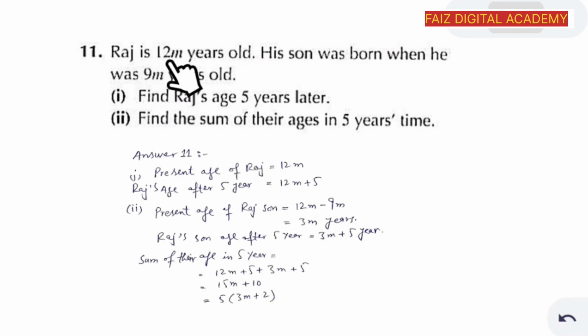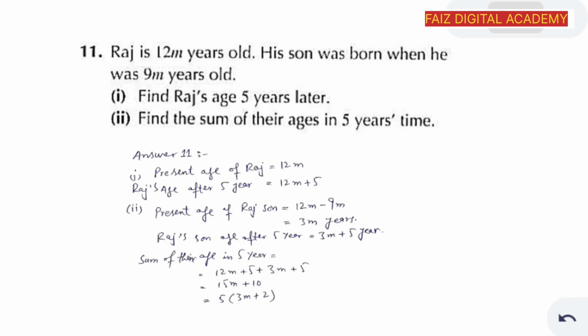At this time, Raj is 12 m years old, and when his son was born, his age was 9 m. So we have to subtract 9 m from 12 m to find the current age of Raj's son. That becomes 3 m years. Now after 5 years, the age of Raj's son would be 3 m plus 5.